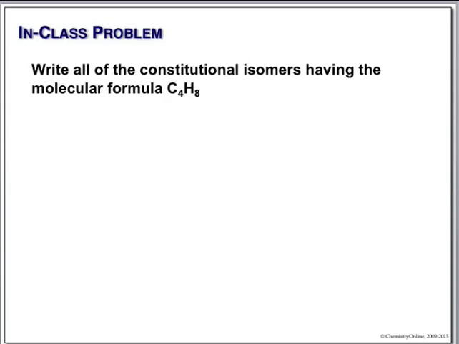C4H8. Well, here we're going to have more possibilities. The assortment looks something like this. Once again, 1, 2, 3, 4 carbons. 1, 2, 3, 4, 5, 6, 7, 8 hydrogens. Same thing here. All of these are constitutional isomers.